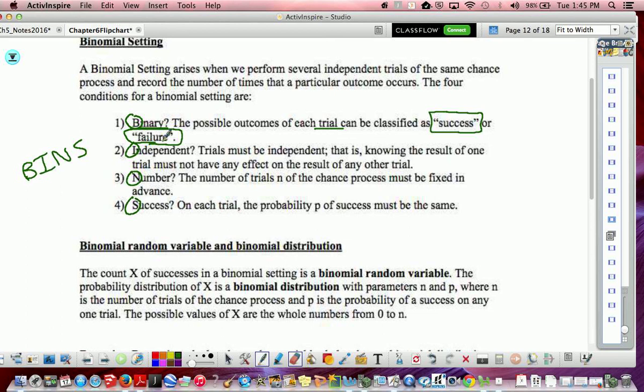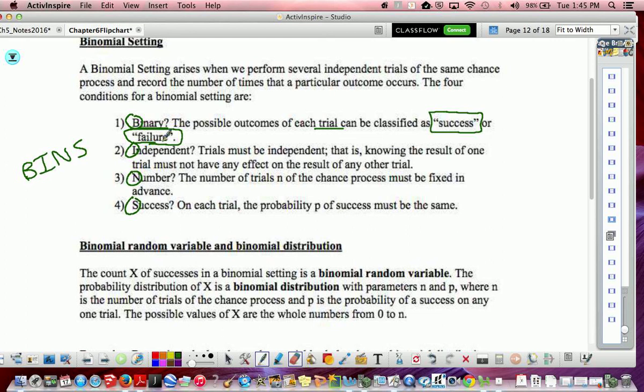Now, the next part is independent. The trials must be independent, meaning what happens on a previous outcome should not have any influence or impact on what happens on the next outcome.